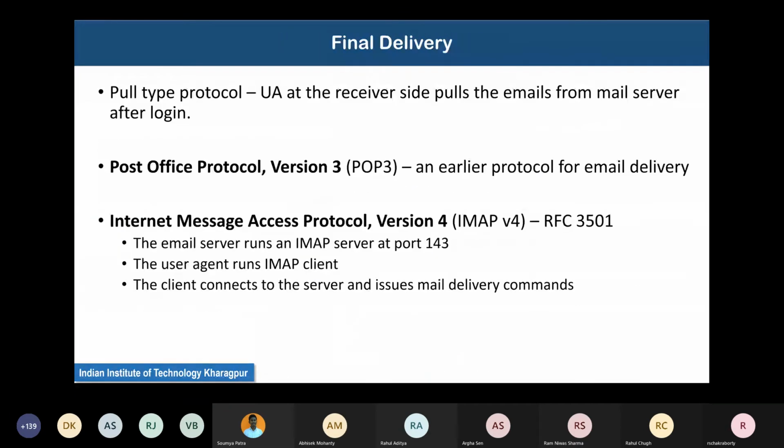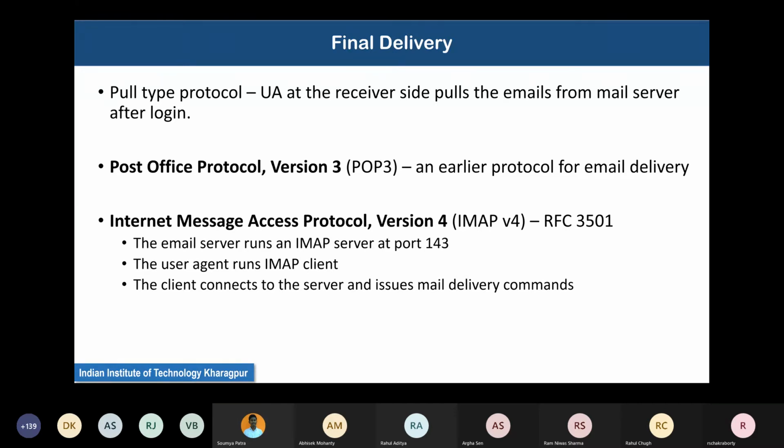This is usually done using something called IMAP, the most common one, Internet Message Access Protocol version 4, or IMAP v4, which is described in RFC 3501. The email server runs an IMAP server at port 143. It keeps listening to IMAP requests for emails.